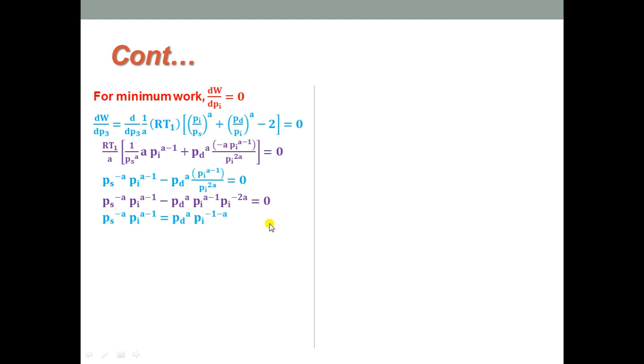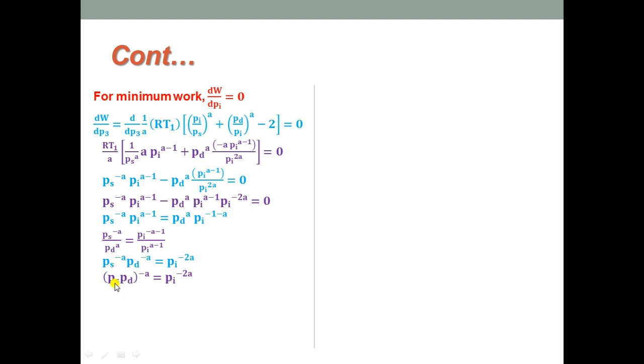After simplification, we will get this. Then by interchanging the terms and powers we will get this, and finally by shifting the terms onto the right hand side we will get a positive term. Taking the suction and delivery pressure onto one side and the intermediate pressure onto the other side, we will get this expression. Simplifying the powers of these three pressures, suction, delivery and intermediate, the power is the same for suction and delivery.